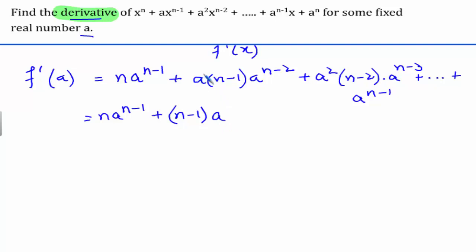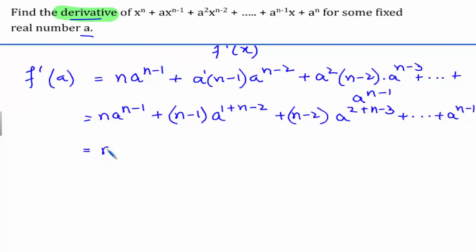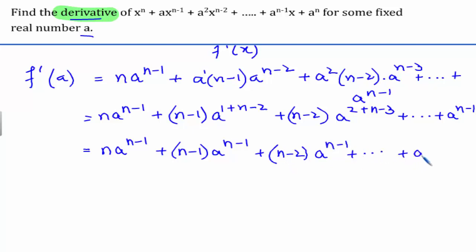So on adding the exponents we have 1 plus n minus 2, plus (n minus 2) times a raised to the power 2 plus n minus 3, plus so on up to a raised to the power n minus 1, and this is further equal to n times a raised to the power n minus 1 plus (n minus 1) times a raised to the power n minus 1 plus (n minus 2) times a raised to the power n minus 1 plus so on up to a raised to the power n minus 1.